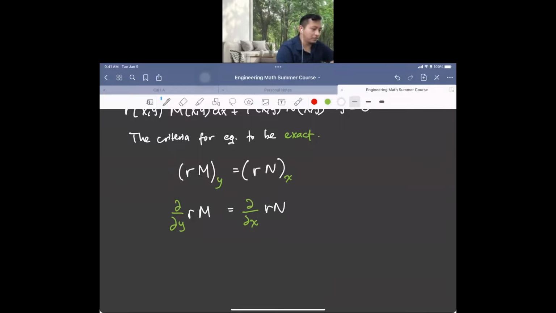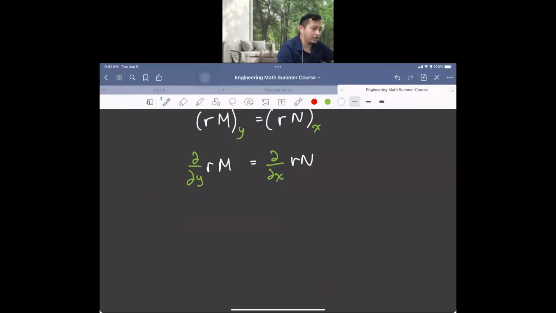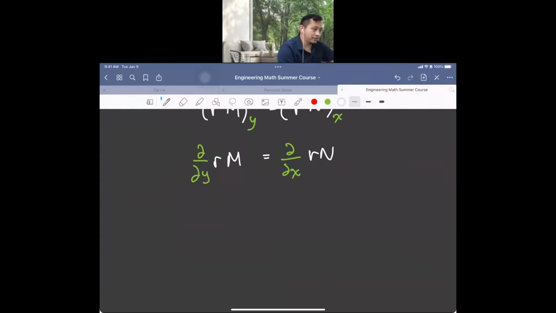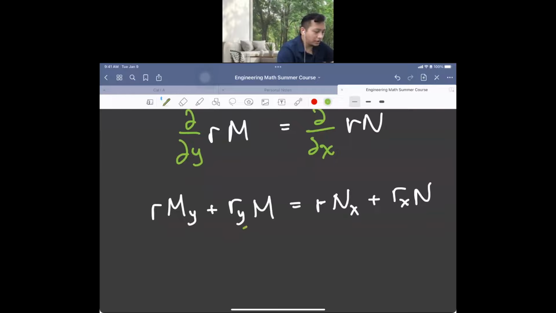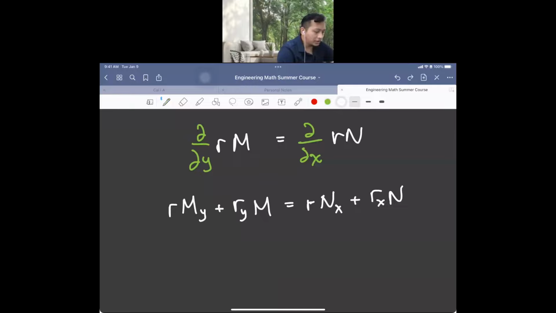Okay, by the product rule, we might have R_y M plus R M_y, equals R_x N plus R N_x. The subscript y here means the partial derivative with respect to y, if you remember how to write partial derivatives.